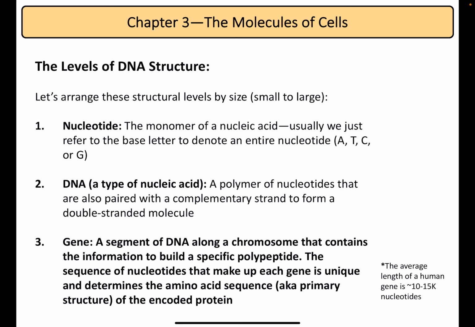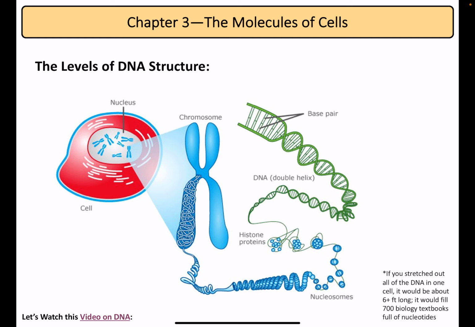And then our smallest structure, which we are already familiar with, is the monomer for this class, a single nucleotide, also known as a base. And to keep my video shorter, I'm going to say watch this video on DNA on your own time, please.